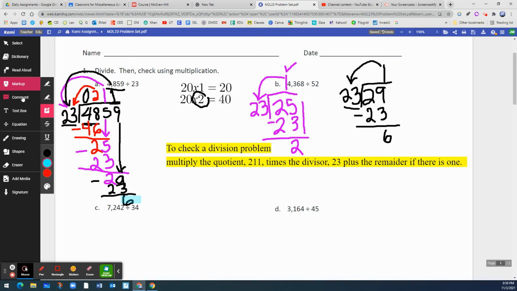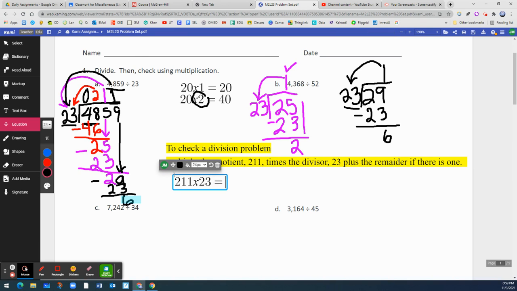So you will be setting up a multiplication that goes like this. I'm going to do it horizontally. So 211, which is the quotient, times the divisor, which is 23, plus the remainder, which will be 6.